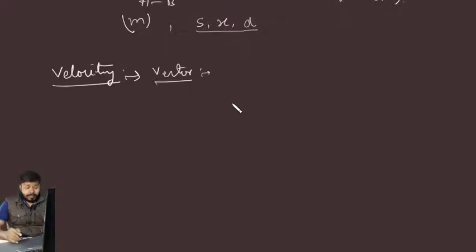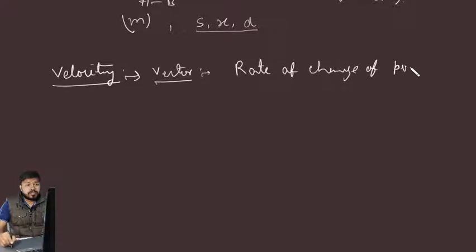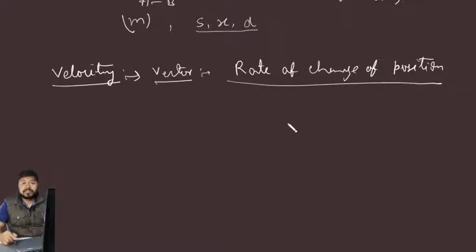Remember, how fast the displacement of the body is happening, or in another way we can say the rate of change of position of the body in a straight line. Because it's a vector quantity, it is represented as v. It can also be represented as u, generally used to represent the initial velocity, while v is used for the final velocity.